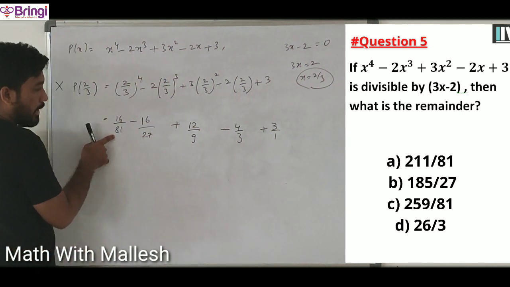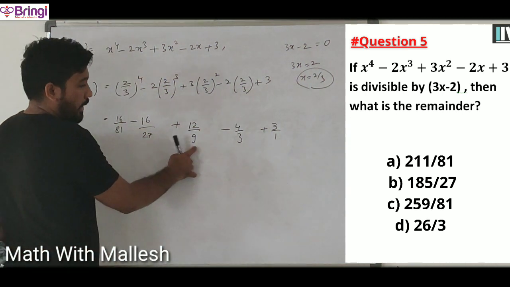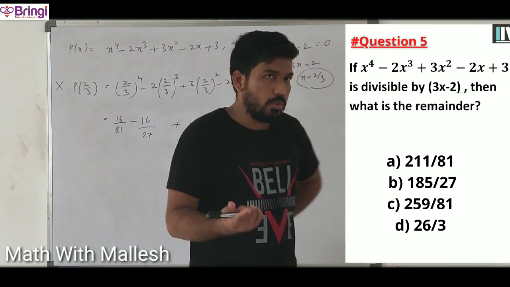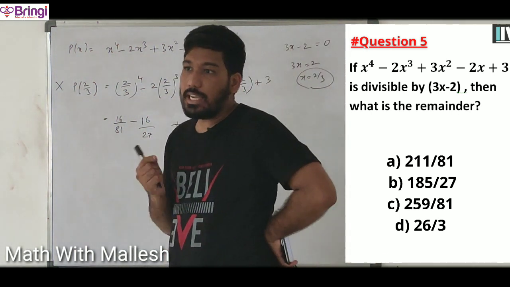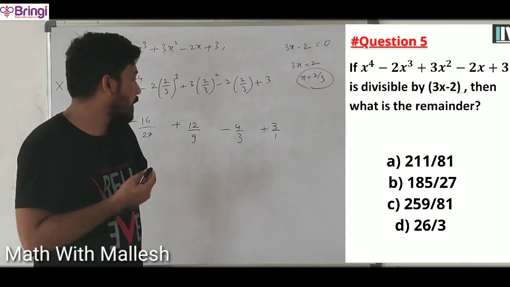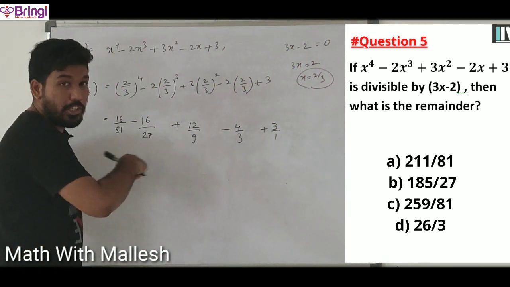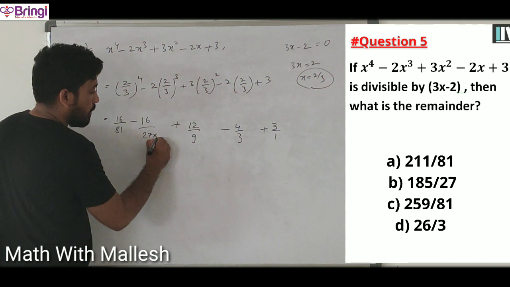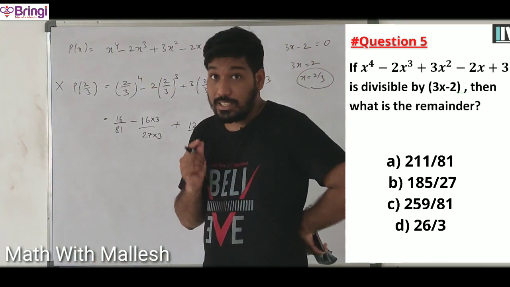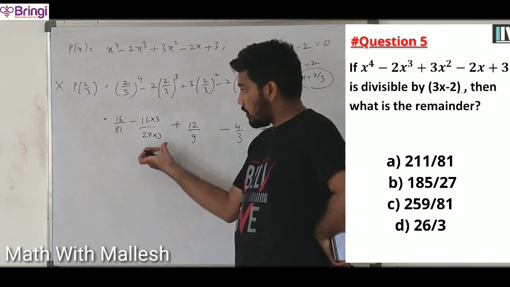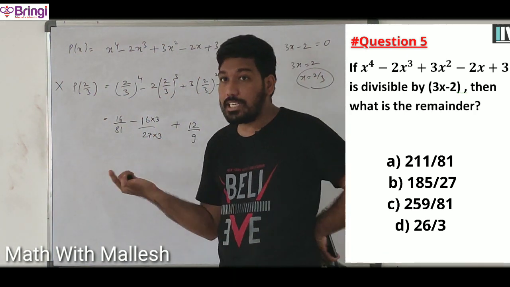So here we have 81, we have 27, we have 9, 3, 1, and you know the LCM concept. For all of them the LCM is going to be 81, and the reason to take the LCM is to make a common denominator. So here just multiply with 3, and upside also multiply with 3. The reason is important because 27 times 3 is going to be 81.